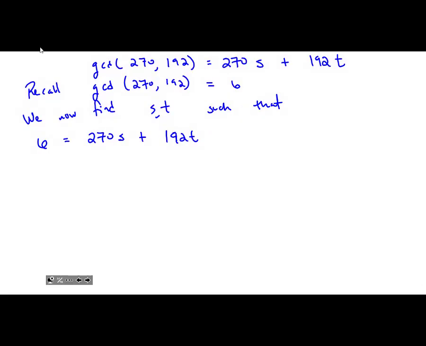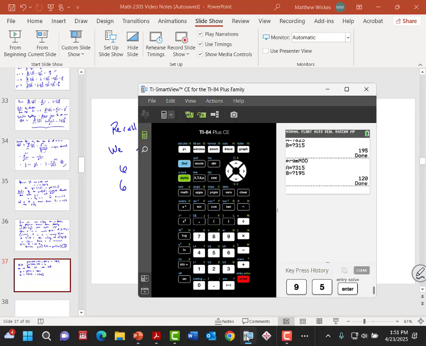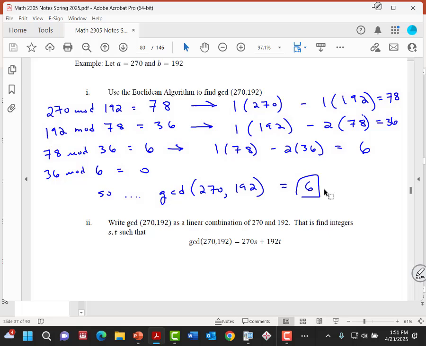Well, here's the idea. We are going to work our way back up this chain, because if we notice this third line right here, I can write 6 as 1 times 78 minus 2 times 36.